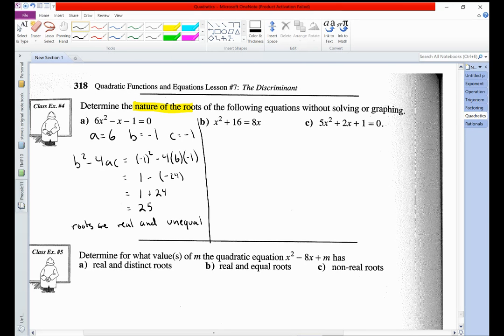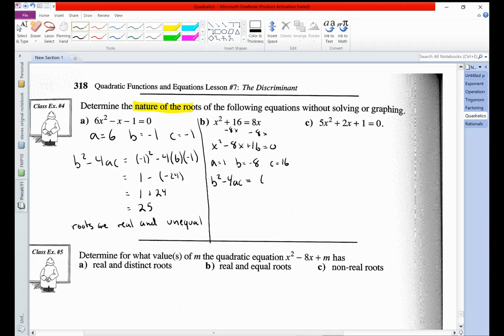Same thing with the next one. First thing we want to do is get everything onto the same side of the equation. So we have x squared minus 8x, because we're going to subtract 8x from both sides, plus 16 is equal to 0. That means our a value is 1, b value is -8, and c value is 16. So we can find the discriminant. It's going to be b squared minus 4ac.